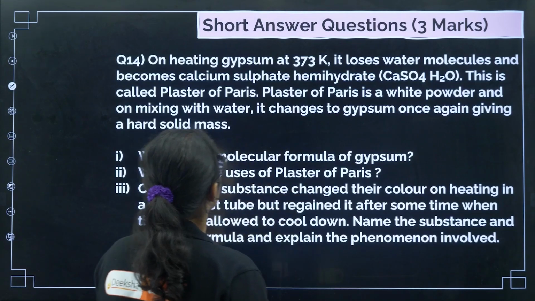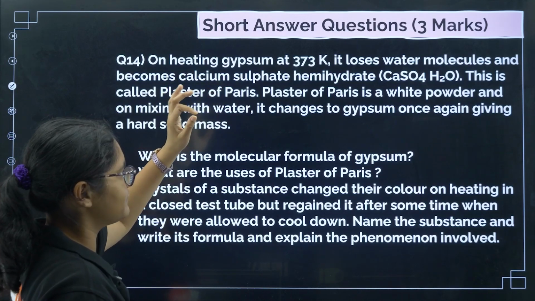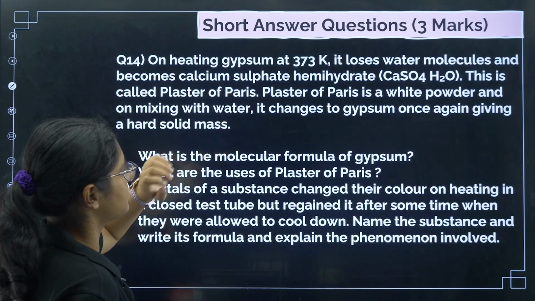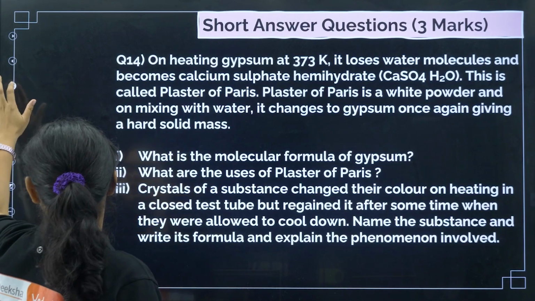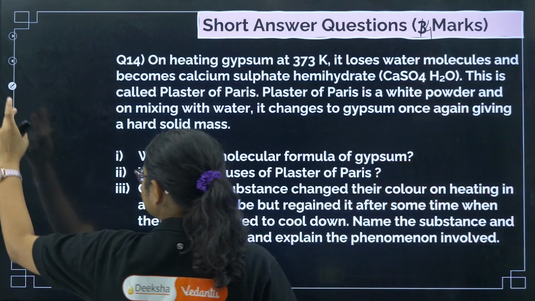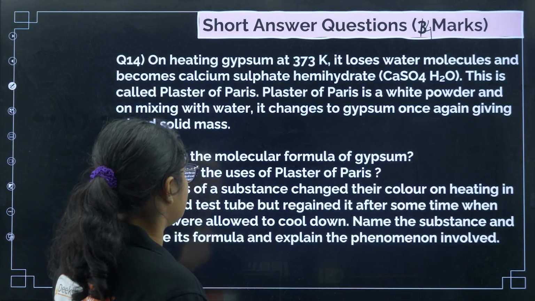Next one. Okay, this is an important question. On heating gypsum at 373 Kelvin, it loses water molecules and becomes a substance. This is a 4-mark question, case based questions. This is called plaster of Paris.